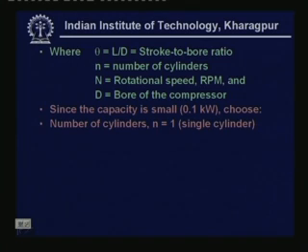Then we have to fix the stroke to bore ratio. Stroke to bore ratio is theta, and here we have selected this as 0.8. What is the basis for selecting this as 0.8, and what is the effect of the stroke to bore ratio on the performance of the compressor? Let us look at this.